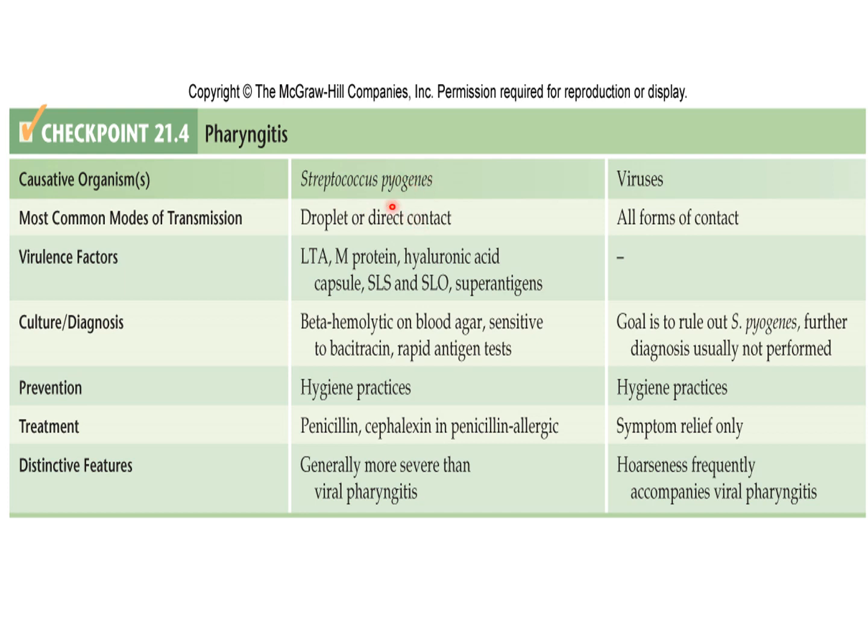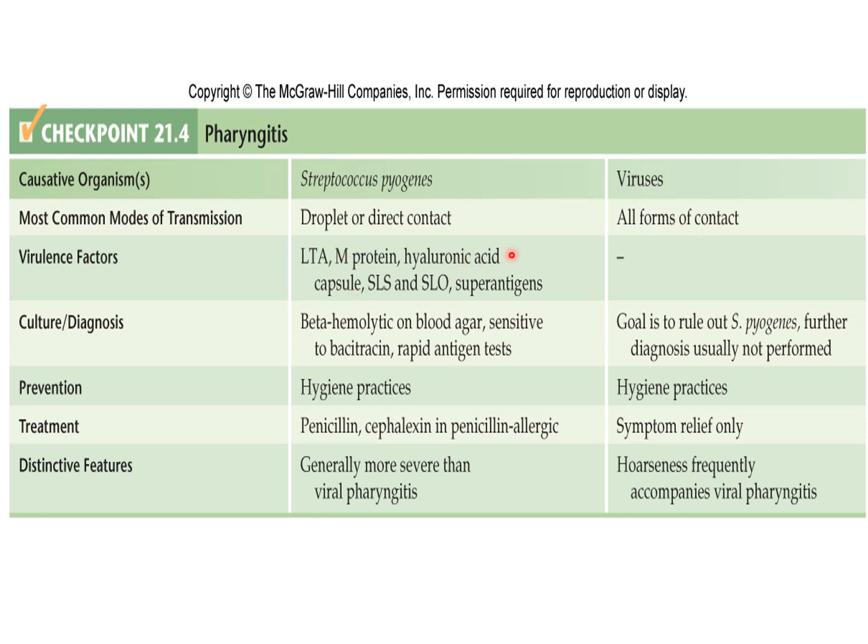Transmission in strep pyogenes is by droplet or direct contact. In viruses, droplet, direct contact, using the patient's personal belongings, all forms of contact with the patient might lead to infection with these viruses.